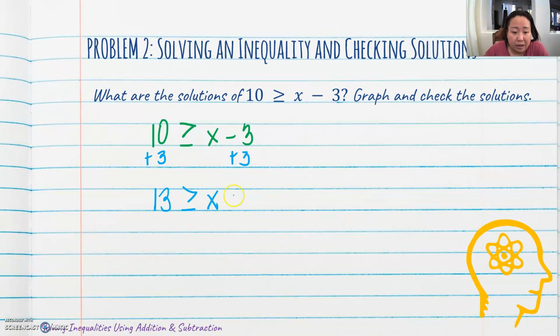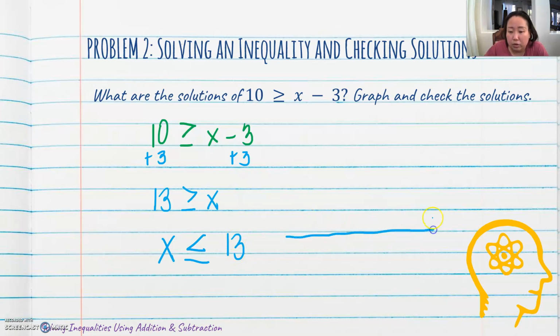Okay, so now that we have this expression, like I said, it's a lot easier to do the graph, not confusing, if you have your variable on the left side of the inequality. And so we can switch it to have x on the left, 13 on the right, and you can see the pointy end is towards x. So your inequality will switch. So now your expression becomes x is less than or equal to 13.